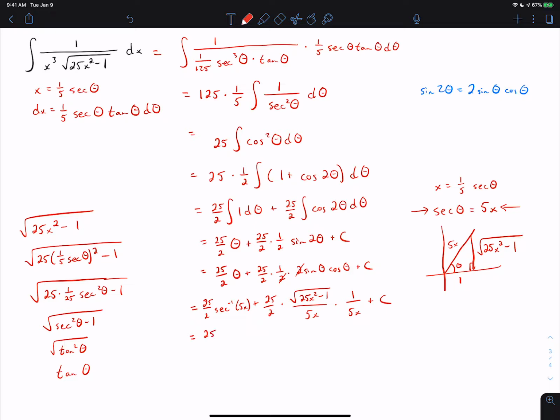So we get 25 halves inverse secant of 5x, which we won't simplify. We can cancel the 2 5's with the 25, and so we get plus the square root of 25x squared minus 1 over 2x squared, and then plus c. And so that's the answer on this problem.